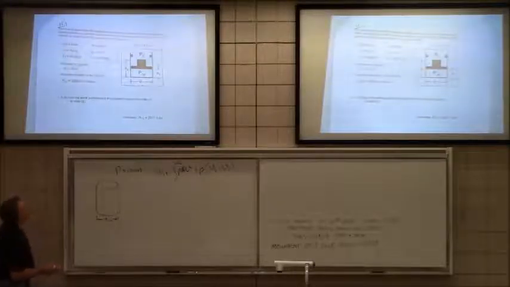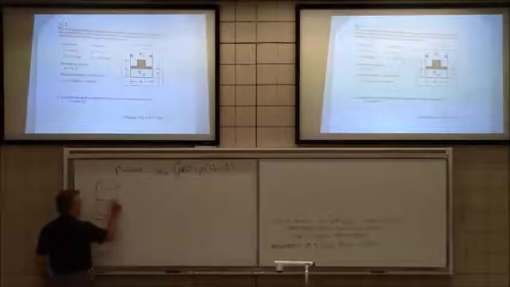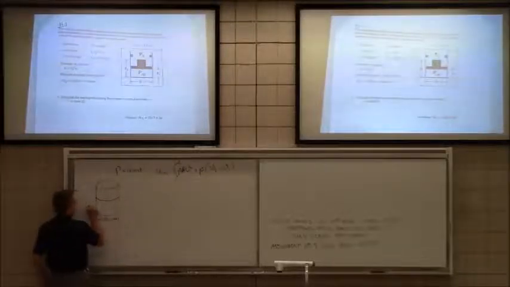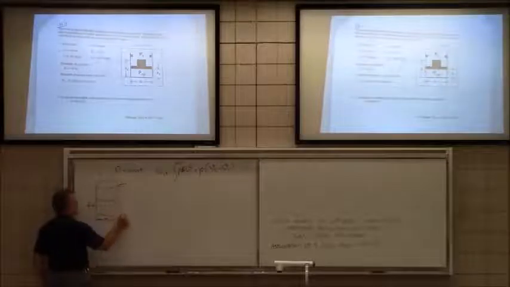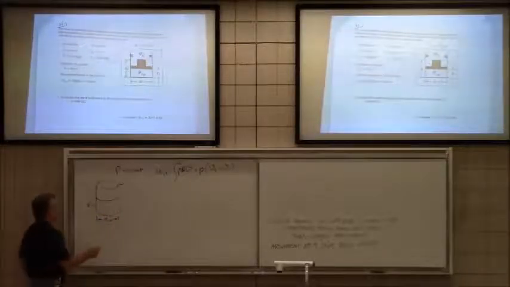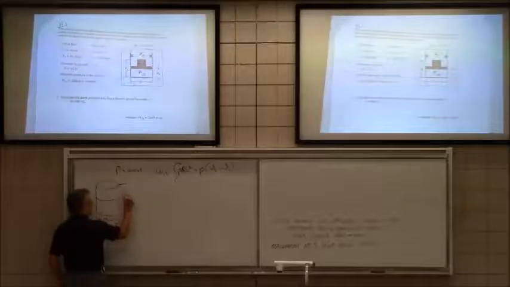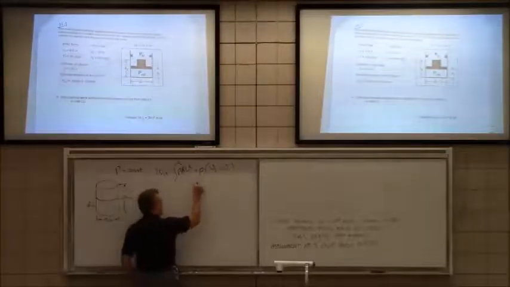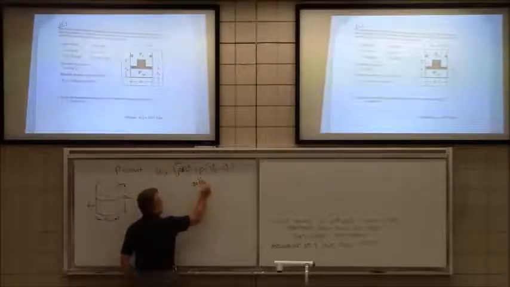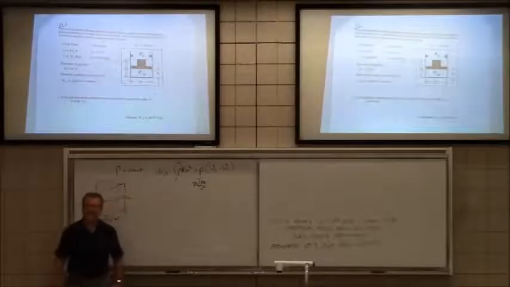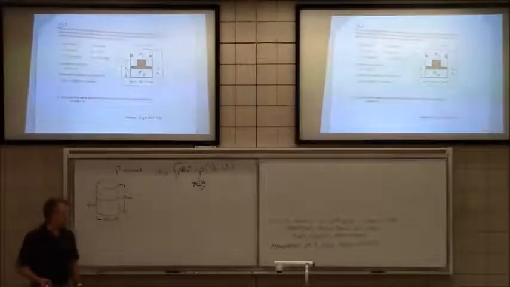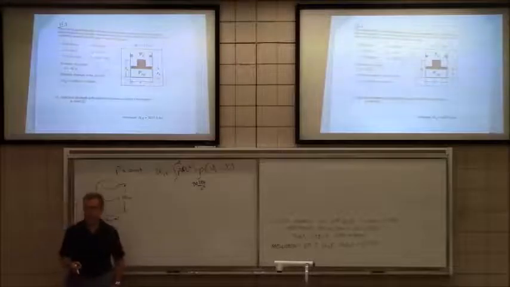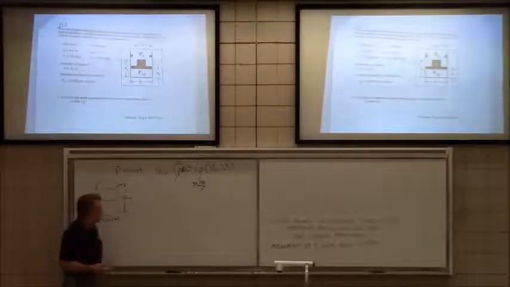We're going from an initial height of 6 inches up to a final height of 10 inches. What we need are the volumes. Do you have enough information to get the volumes? Yeah. So how would we do that?